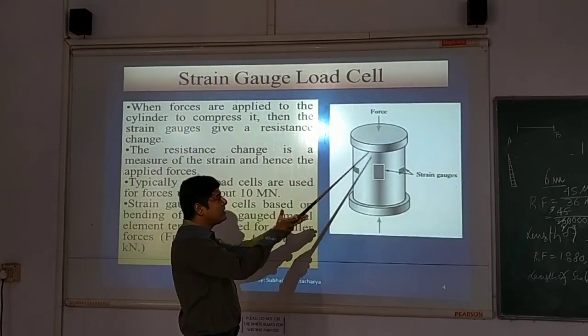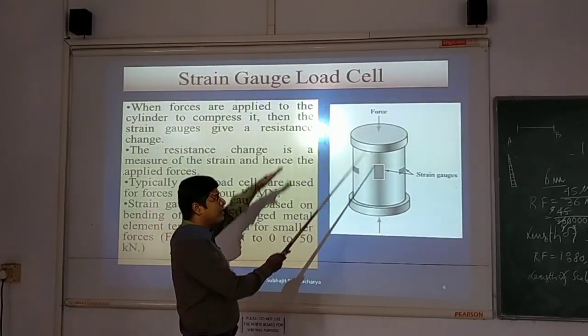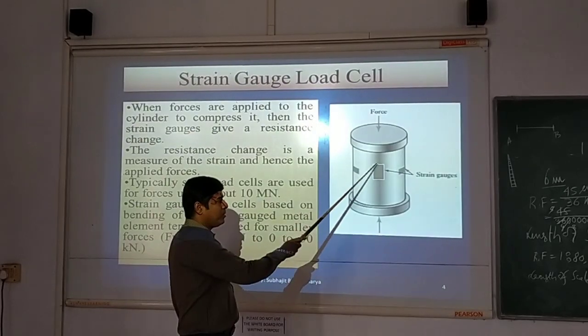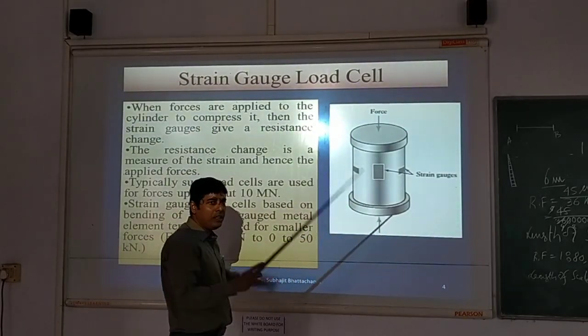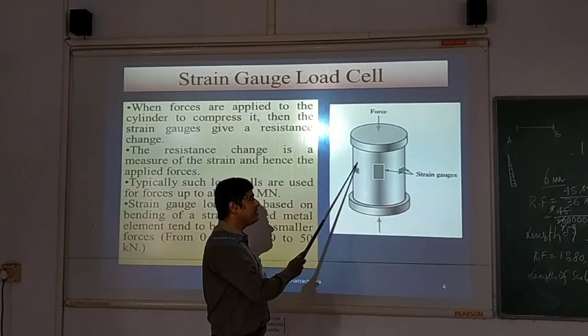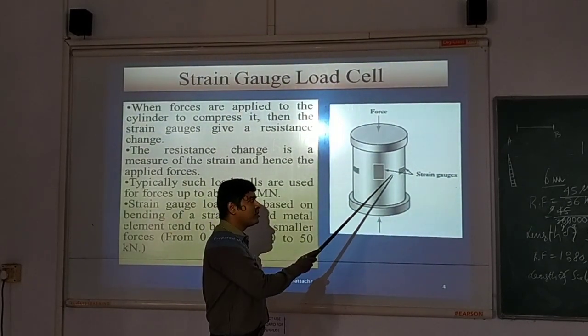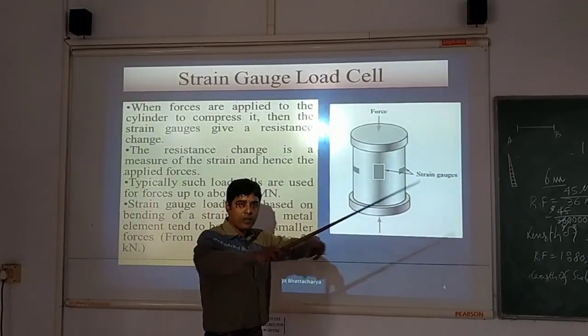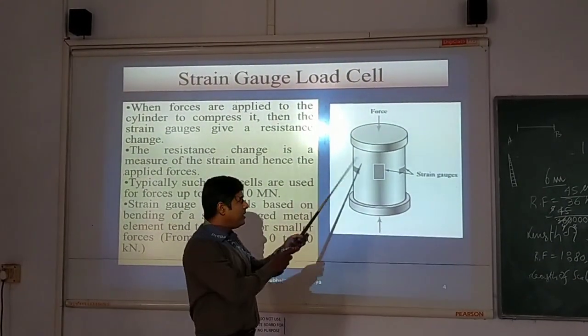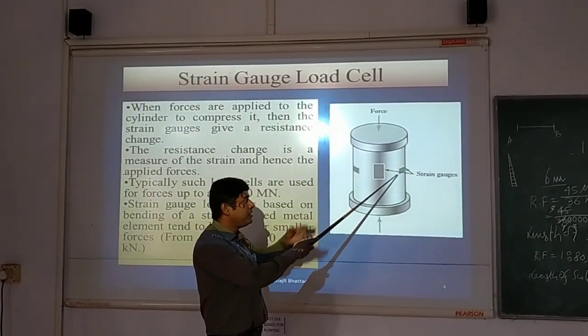So whenever some force is applied, the strain gauges which are attached longitudinally will decrease in length, and the strain gauges which are attached circumferentially will elongate. If you press it, these will shorten and these will be stretched.